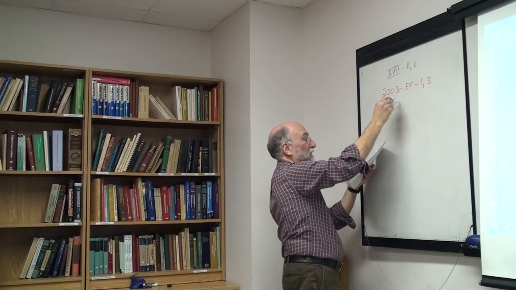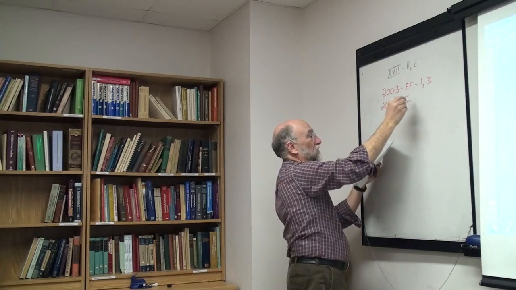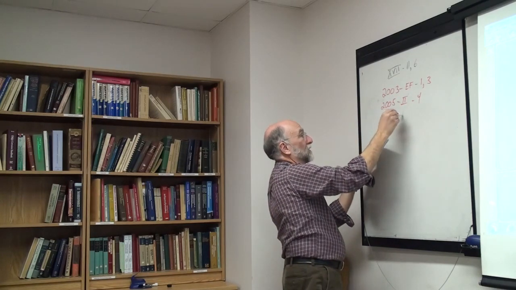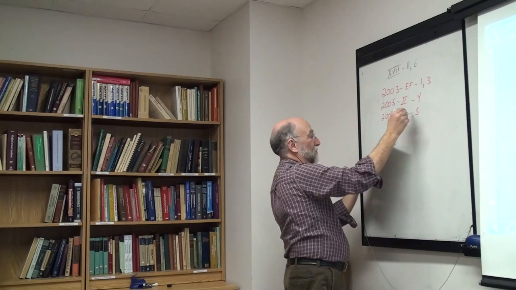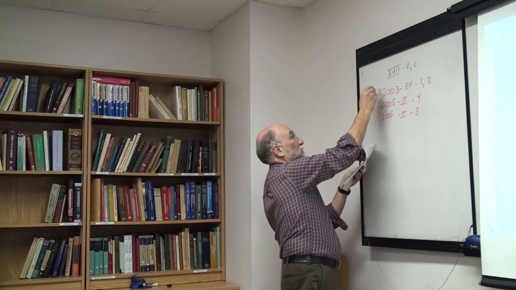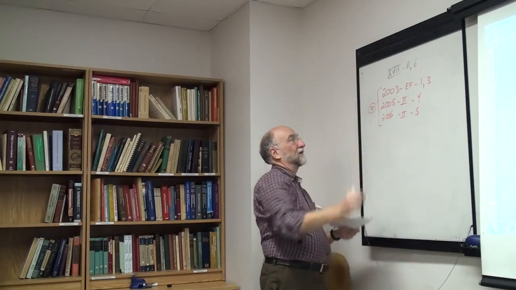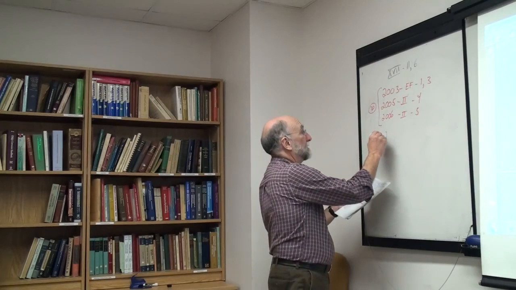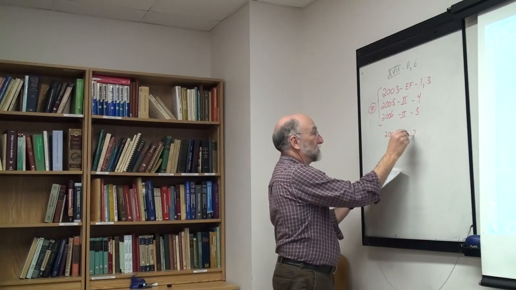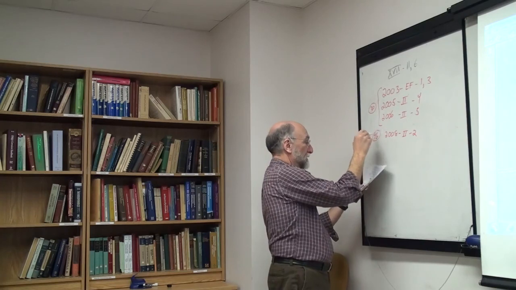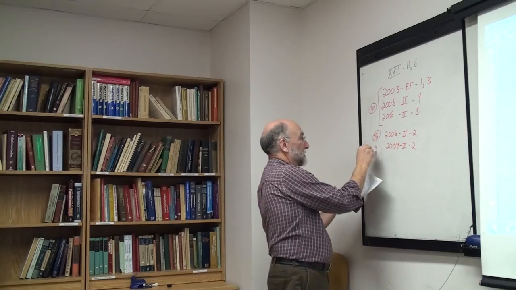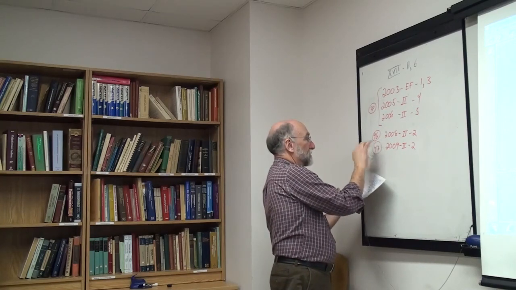Exam year 2005, control number 2, number 4. 2006, control number 2, number 5. Those are all over the place on the server, but they're all in file number 30 if you scroll down. 2008, number 2, that's in file number 46, and 2009, number 2, and that's in file number 47.